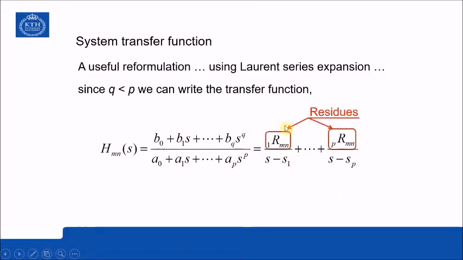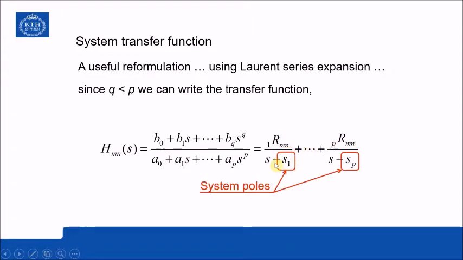The numerator coefficients here are denoted residues, and the s1 to sP here in the denominators are called system poles. That is, the poles, the singular points of the denominator, are defined as the system poles.